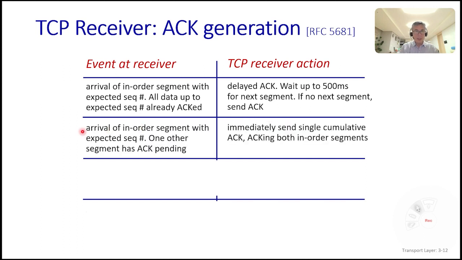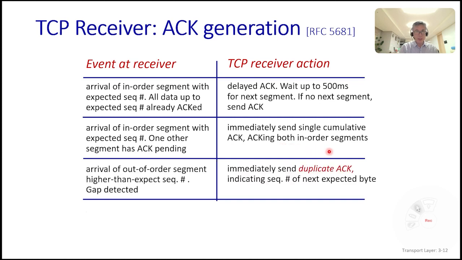The second event is the arrival of an in-order segment with the expected sequence number, but one other segment has an ACK pending. In that case, immediately send a single cumulative ACK acknowledging both in-order segments. The next event is the arrival of an out-of-order segment with a higher than expected sequence number, which means some segment in the middle is lost, so a gap is detected.